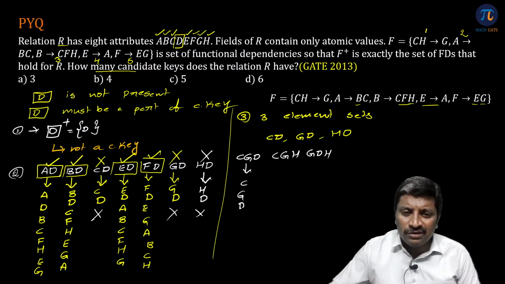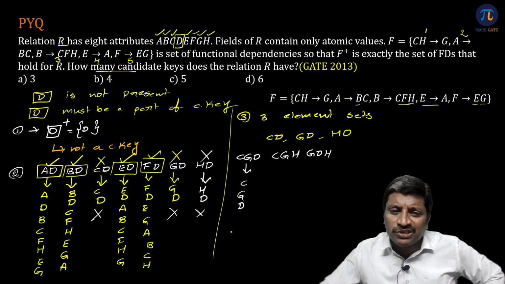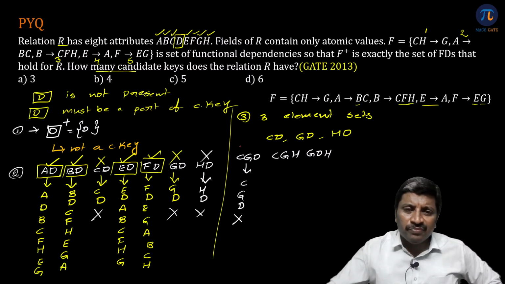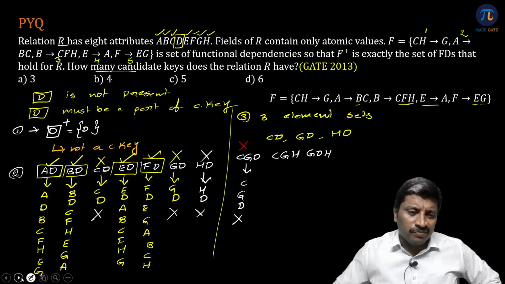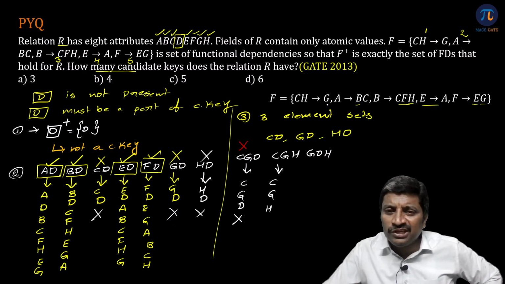So what about C, G, D? With C, G, D, is anything else possible, sir? No. So this cannot be a candidate key. What about the second option, C, G, H? With C, H, I can get G. G I already have.